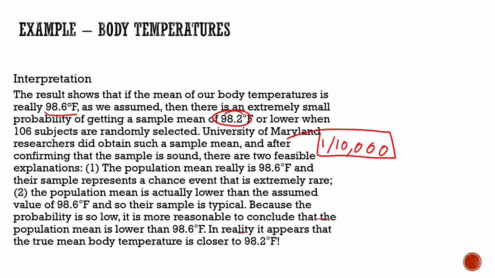So when you see that, you would say, either I just witnessed the rarest event of all time, or the assumptions that I used to calculate that probability are incorrect.